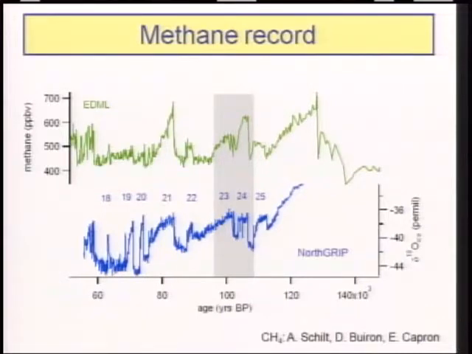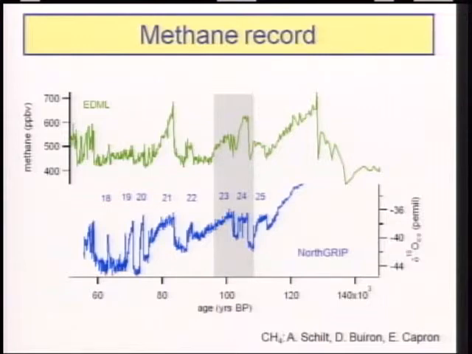And what you can see is, let's say, perhaps now classical features, is that for each Dansgaard-Oeschger event, even the very first one here in NorthGRIP, we have an associated increase in methane.